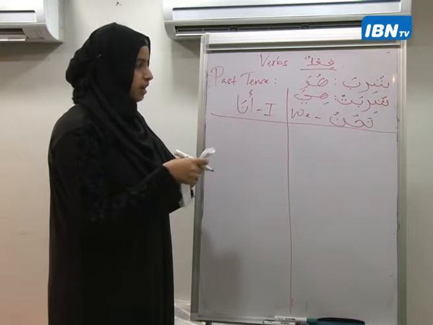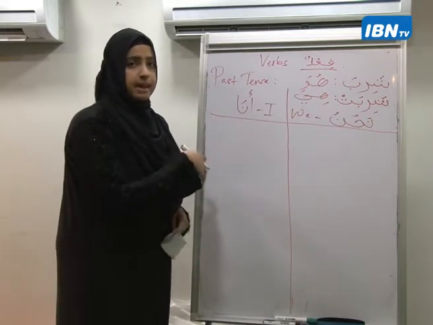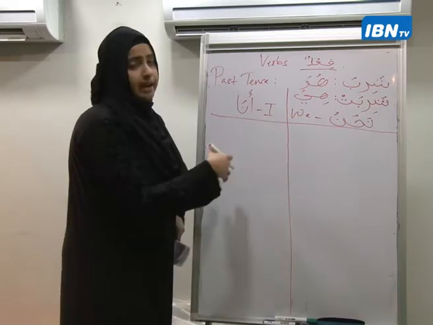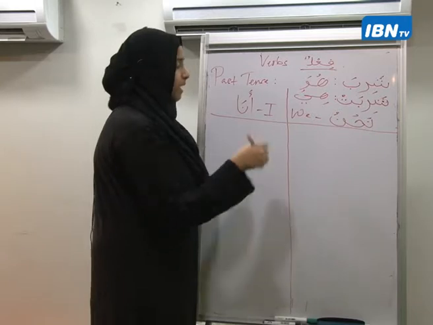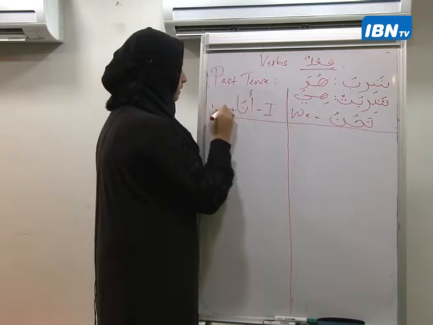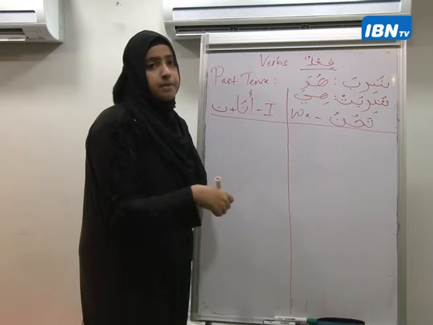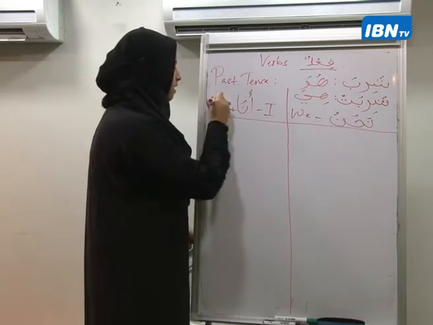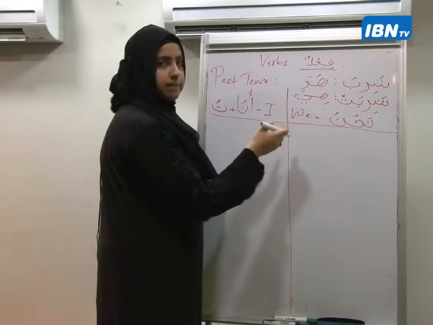We have the word shariba. How am I going to convert it in the past tense? From he drank, I want to say I drank, so I'm going to add an open ta, but this open ta is going to carry a nominative, a dhamma. So it will become ana sharibtu.